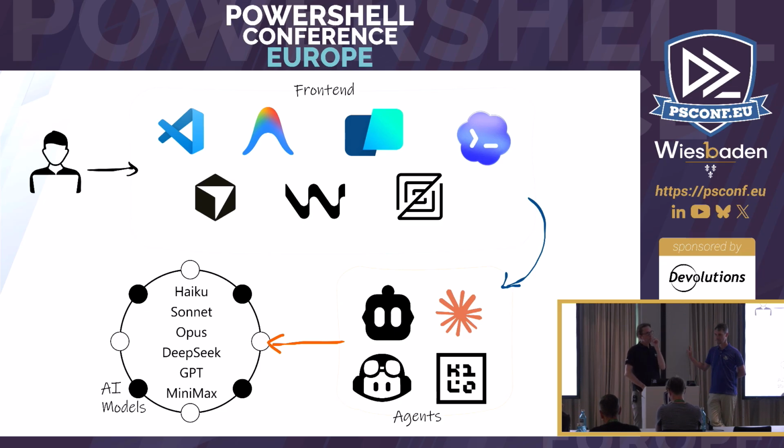But I think it makes sense to look back in history and think for a second about Visual Studio Code. I think it's quite interesting, and you will find in the slides a little bit more information about the development history. So in a nutshell, Visual Studio Code didn't come out of nothing.